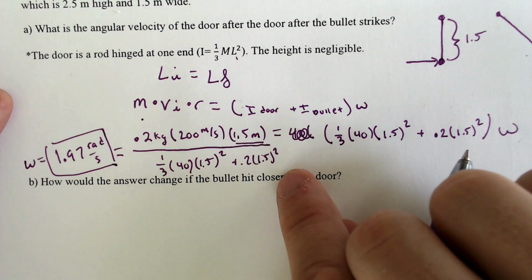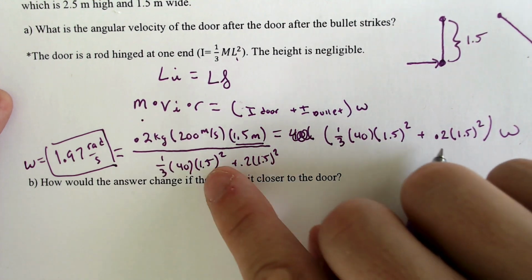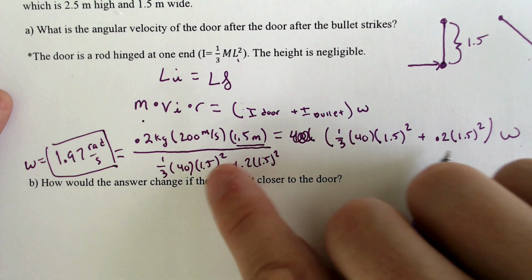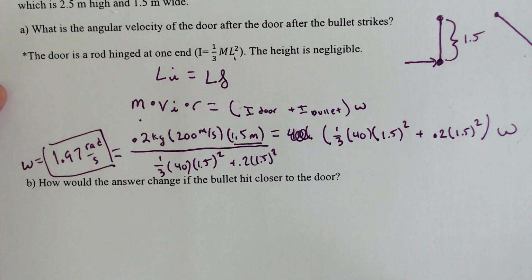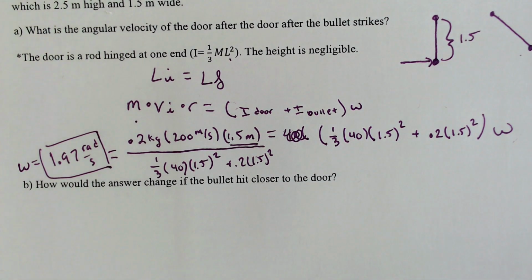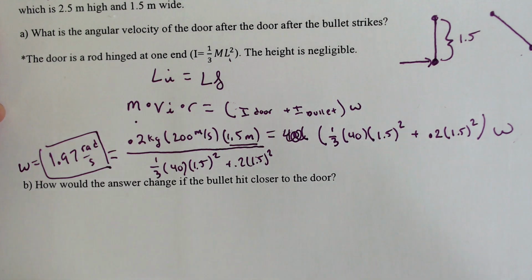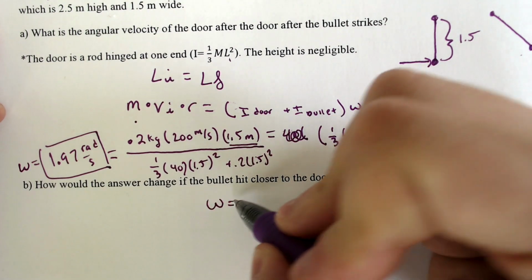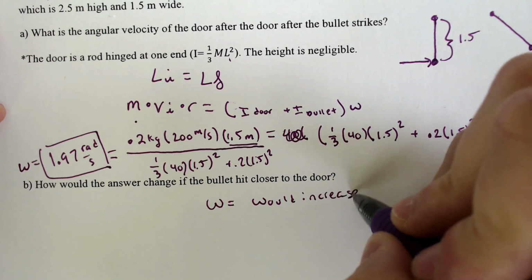And if these got smaller, we would end up dividing by a smaller number. If you divide by a smaller number, there will be more angular velocity. So the angular velocity would increase, according to my logic there.